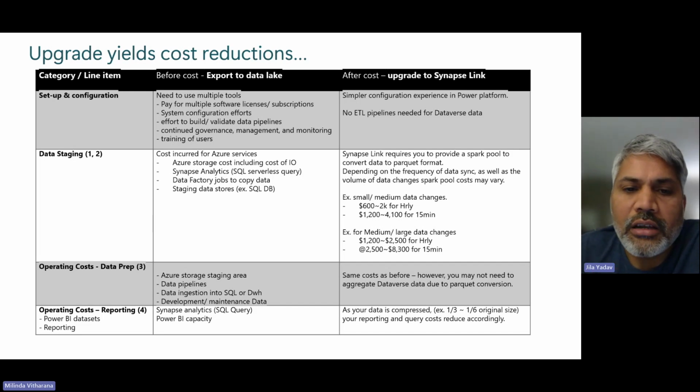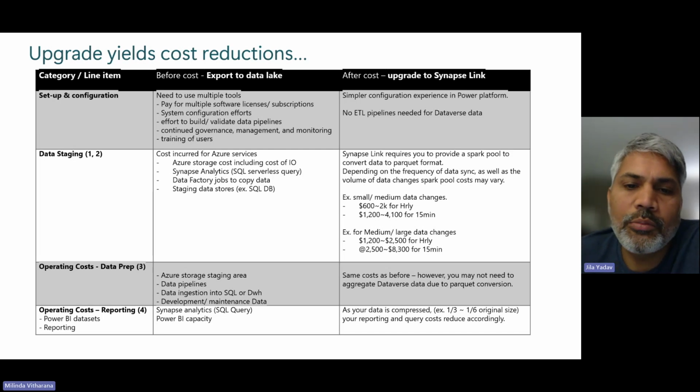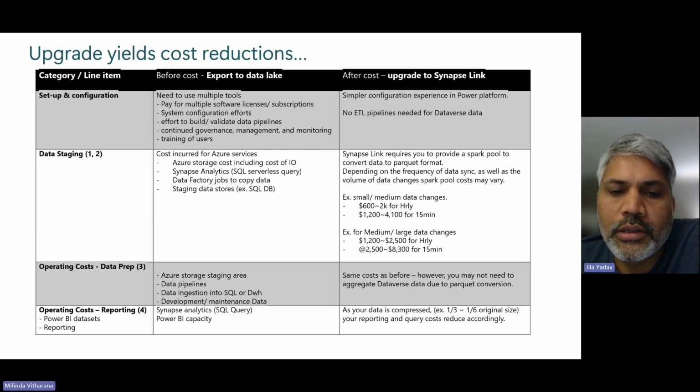And it's not really an upfront cost; it's a pay-as-you-go model in the Azure subscription. So it's based on the Spark pool configuration you select and how much time it's running to do the Delta conversion. For medium to large customers, this could be 1,000 to 2,500 if you do hourly conversions, or 2,000 to 8,000 if you're doing a 15-minute conversion.